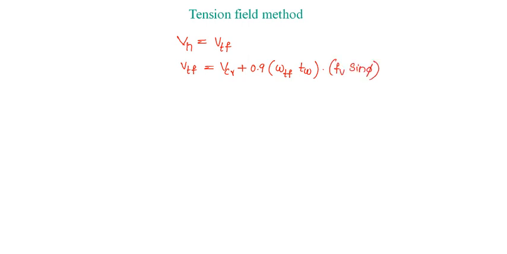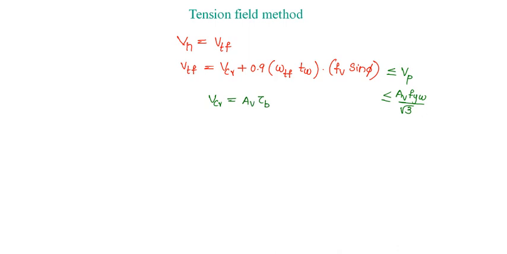This value should always be less than or equal to Vp, that is the pure shear condition, that is it should be less than or equal to Av into fyw by root 3, where Vcr is Av into tau b.